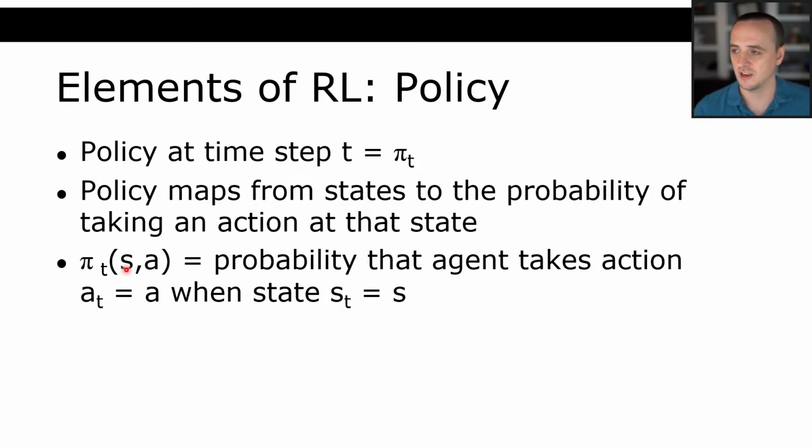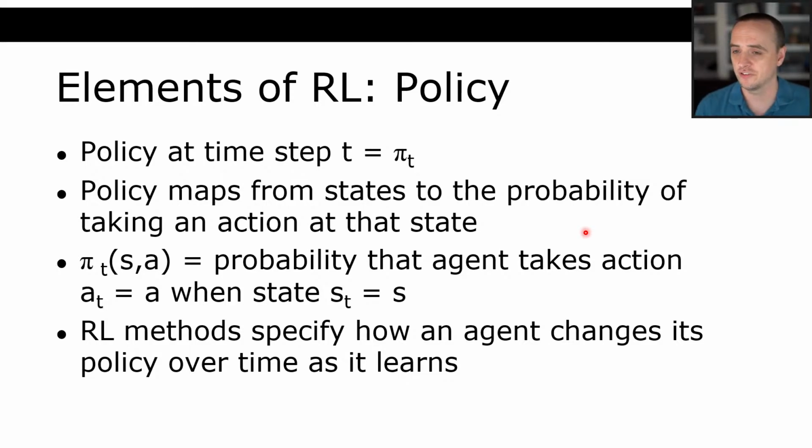But it just says, in plain English, I'm at state s. What is the probability that I should take action a? And that is encoded within the policy. So at any given time, what's the probability that I should do this action at this time step?